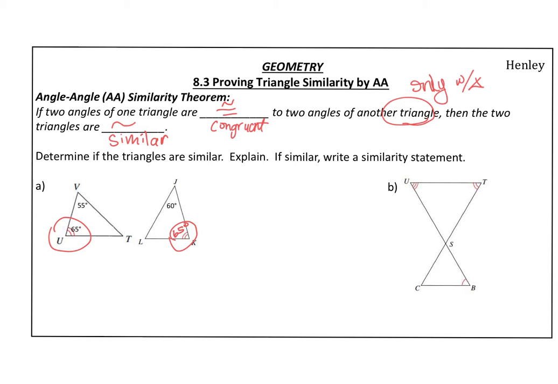That means that we look at what we have in triangle UVT, and we can calculate the third angle. In this one, you're going to use the triangle angle sum theorem.